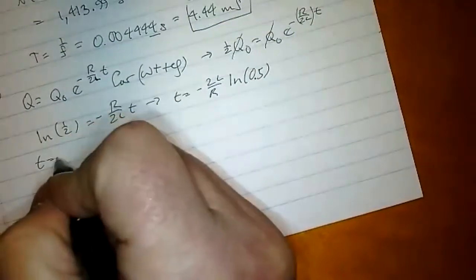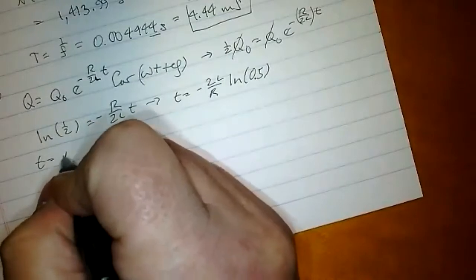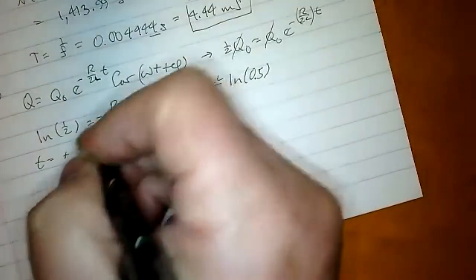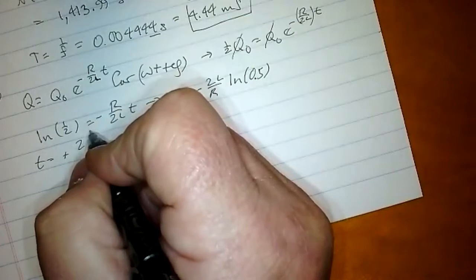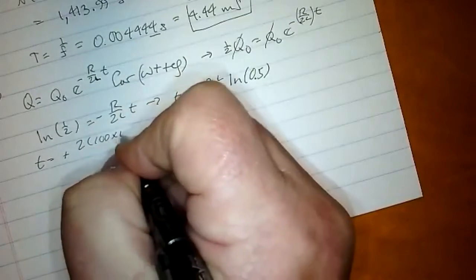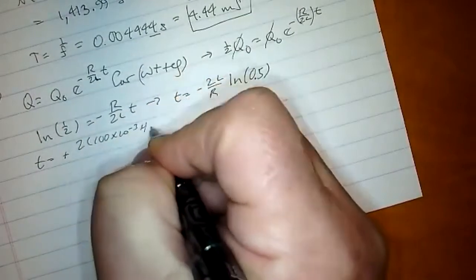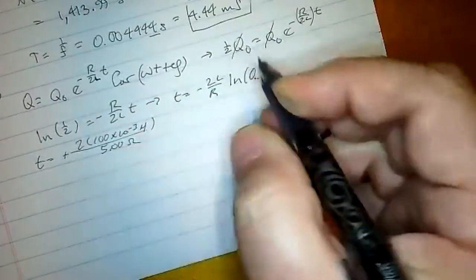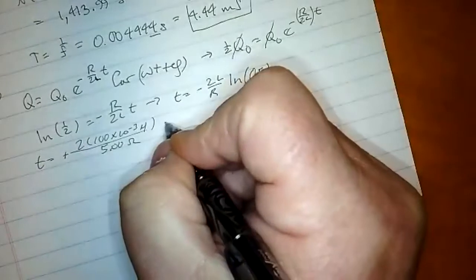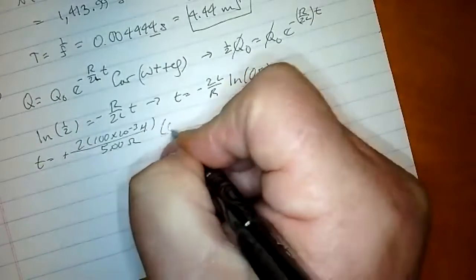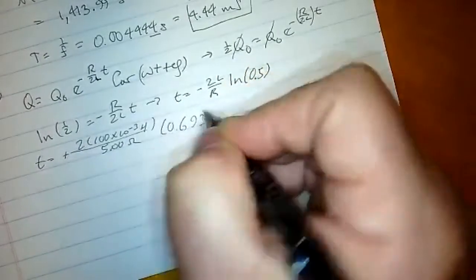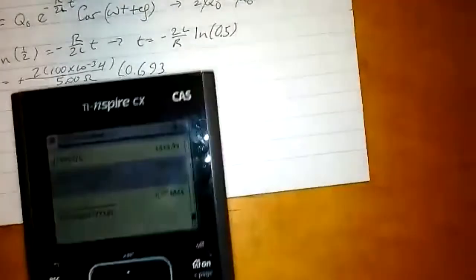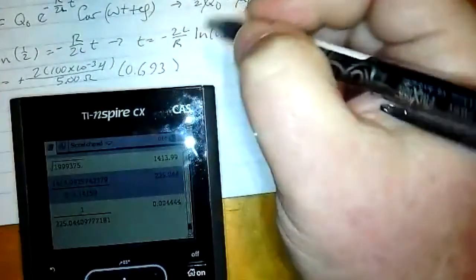But either way, we can now calculate that t should equal positive 2 times 100 times 10 to the negative 3rd henries over 5.00 ohms, times about 0.693. I'm just going to use ln of 2 anyways.